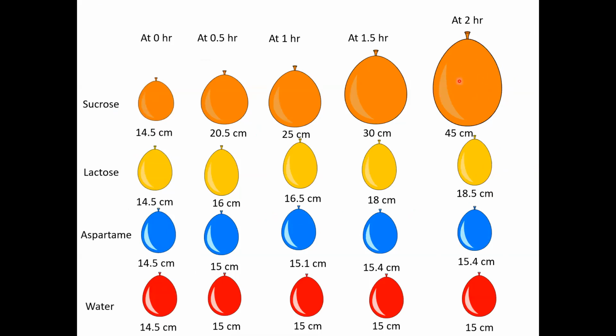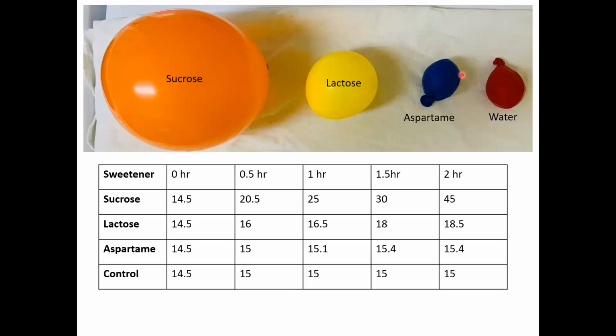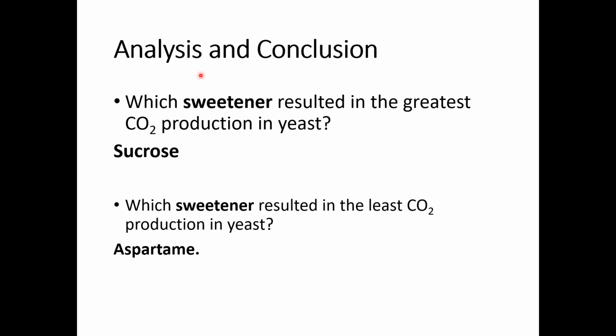Glucose and fructose can really be used in those reactions I talked about in glycolysis to produce cellular respiration, and that is shown here. This is a picture of these conditions, and what we saw is that the sweetener sucrose resulted in the greatest CO2 production in yeast.